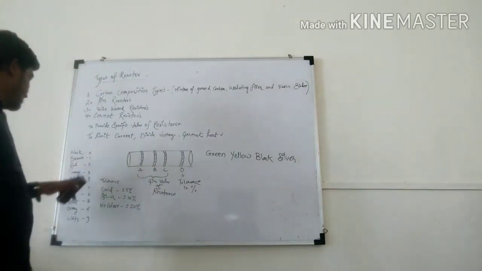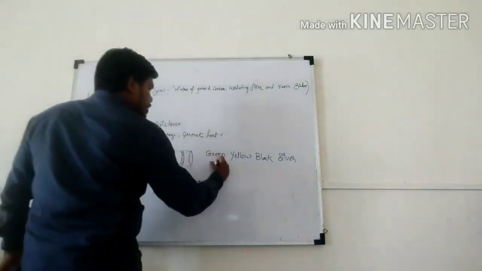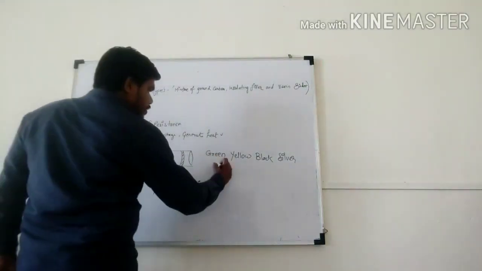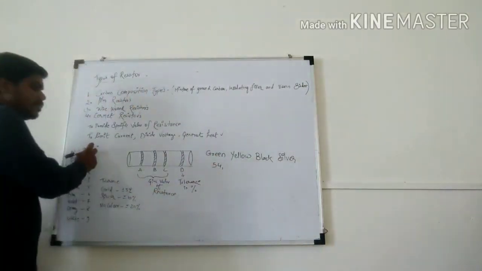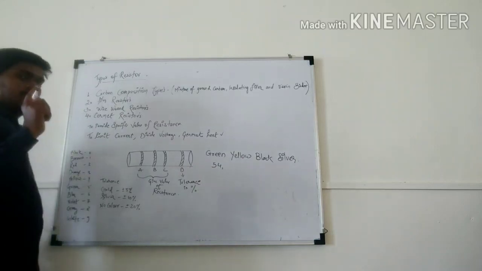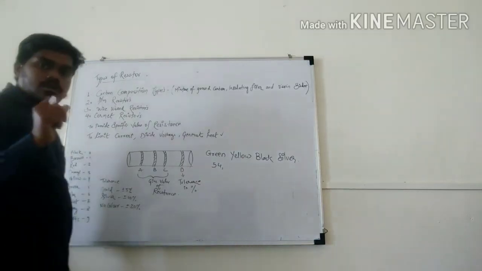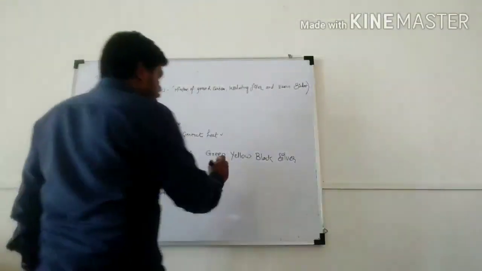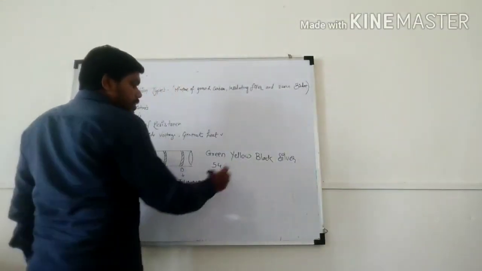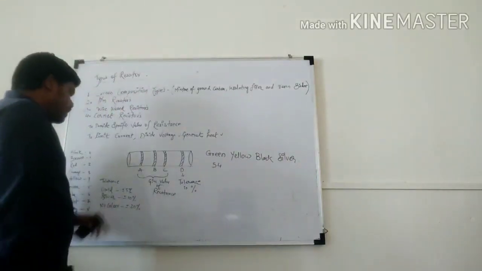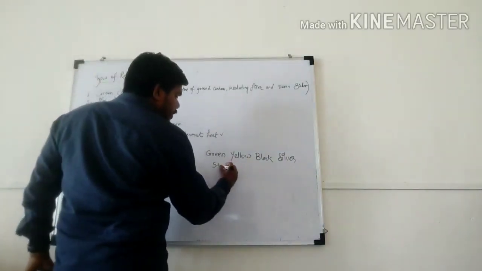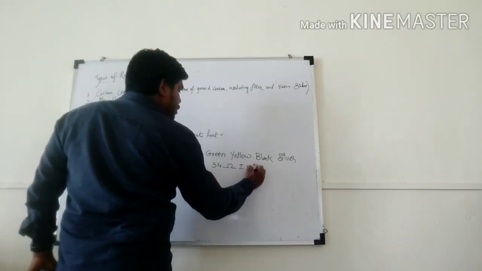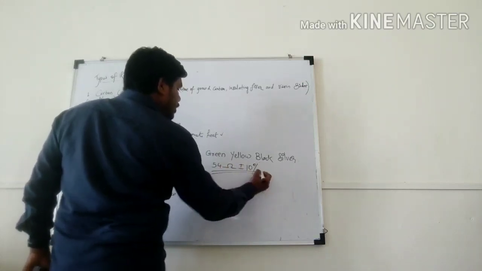Green is 5, and my second digit will be yellow. Yellow means 4, so 54. Black denotes 0, which means I have nothing more here. 54 only. And silver denotes plus or minus 10%, so I have 54 ohm, plus or minus 10% as my tolerance limit.